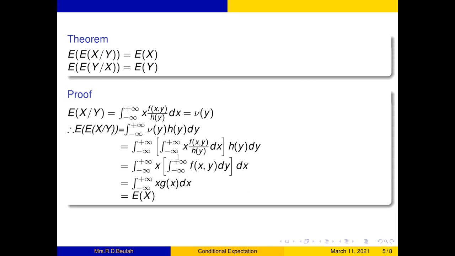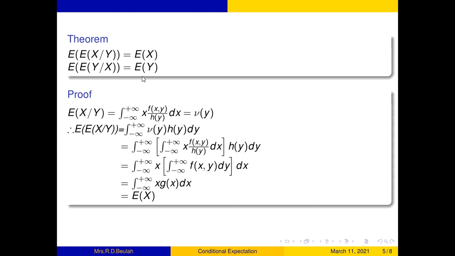Taking the value of x out, we get the integral of x into the integral of f of x comma y into dy into dx, assuming that the change of order of integration is permissible, which is equal to the integral of x into g of x into dx, since the integral of f of x comma y into dy is equal to g of x. Therefore, we can say that E of E of X by Y is equal to E of X. Similarly, we can do this for E of E of Y by X is equal to E of Y. Hence, the proof.